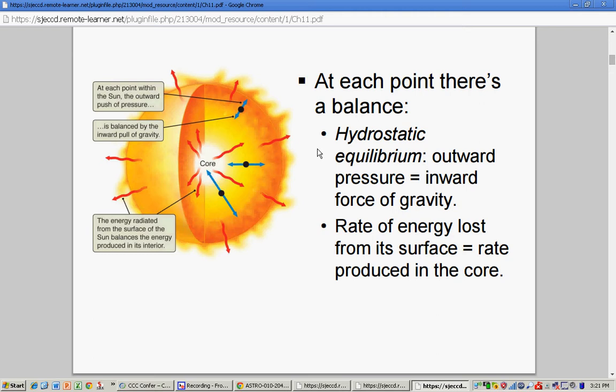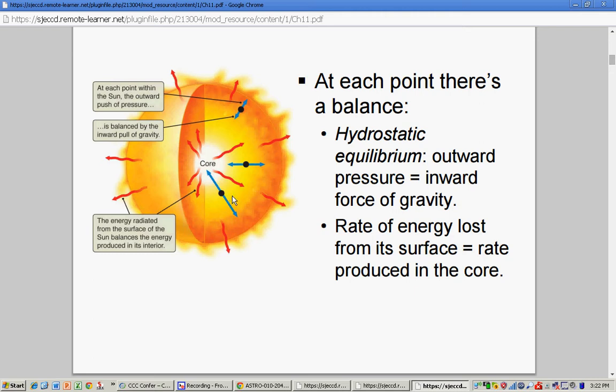So hydrostatic equilibrium, this name here, is important because it establishes a perfect balance between two competing forces, here represented in this slide by the blue arrow. These two competing forces are the inward gravity force, which is the weight of the star above that point, and the outward force produced by gas pressure, acting as if a bunch of little particles, ions in fact, were trying to expand, trying to pull that shell outward.